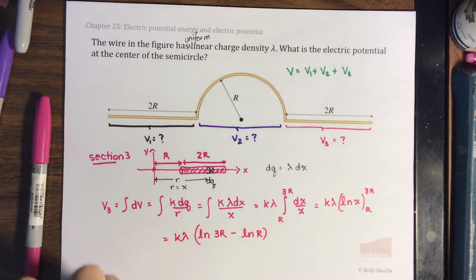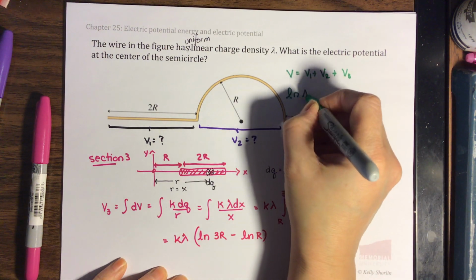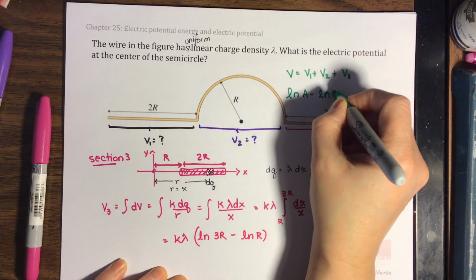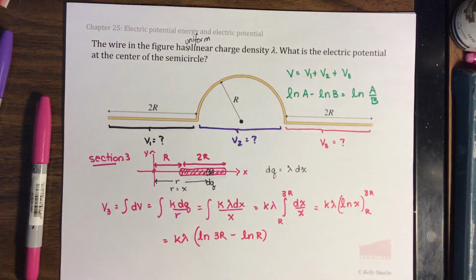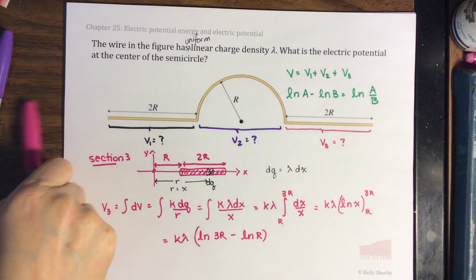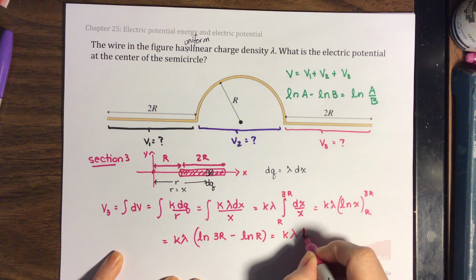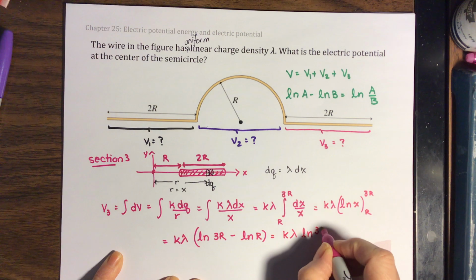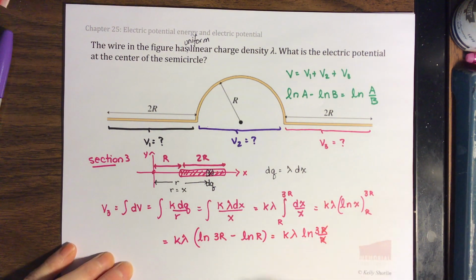Here you might wish to use the identity natural log a minus natural log b is the natural log of a over b. True for all logarithms, not just natural log, of course. Gives us k times lambda times natural log of 3r over r. My r's are going to cancel, and I'm left with V3.